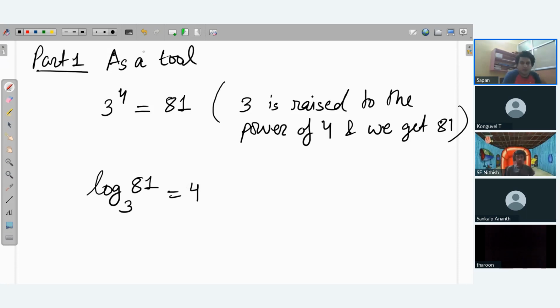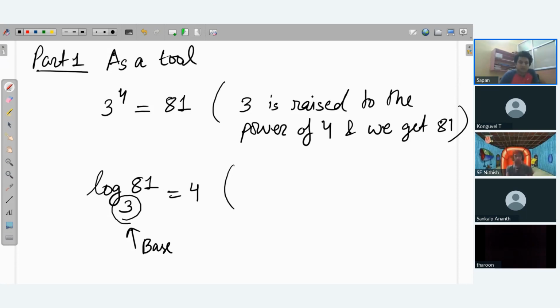Now, how to read this? This place is called the base. Whenever we are discussing any logarithm, we will always write the base, the base we are talking about. Generally, the right-hand side will not be known to us.